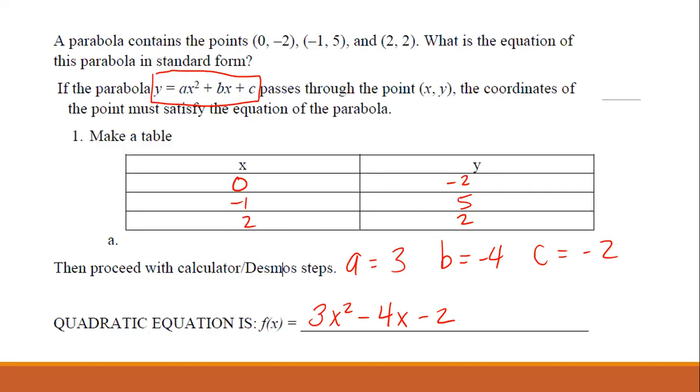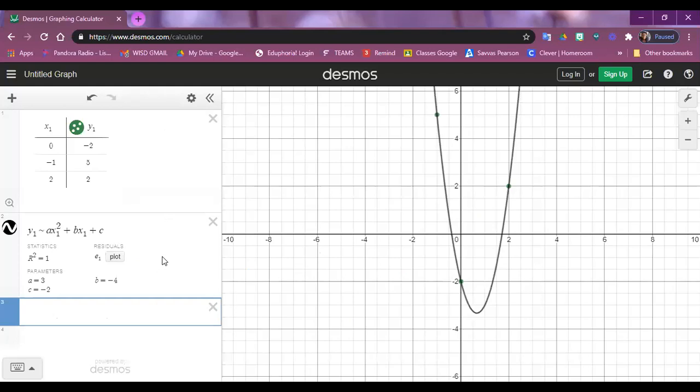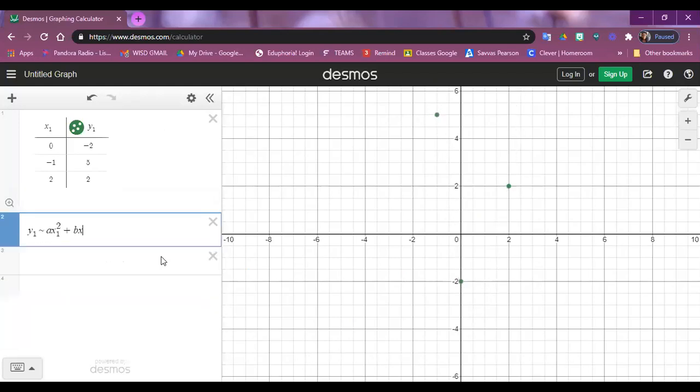How do we feel? Pretty easy? Okay. So putting in the table, we're good. When you're typing in this part, to get the 1 as a subscript, you put in the underscore and it turns it into a subscript.